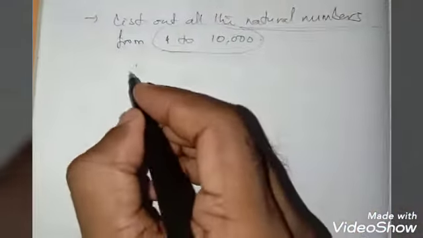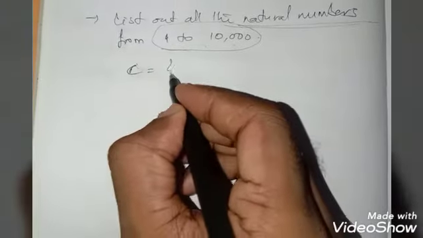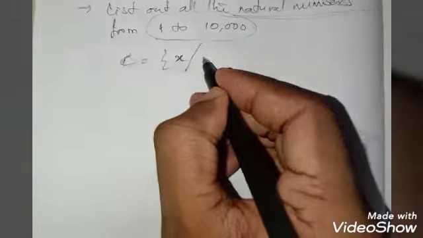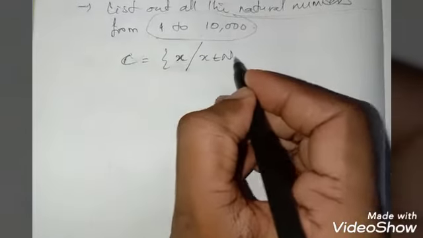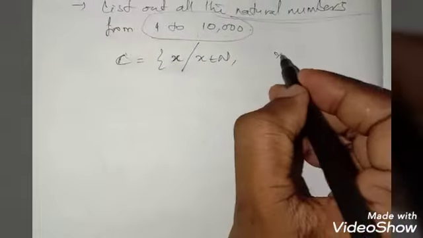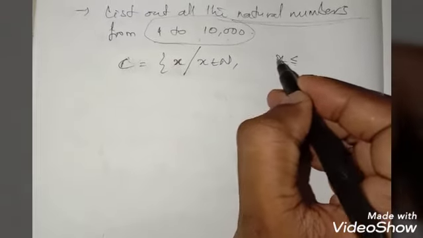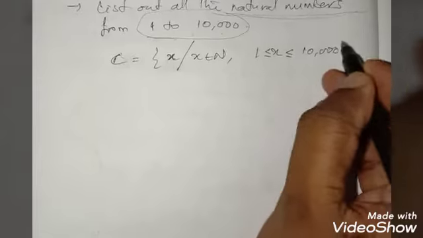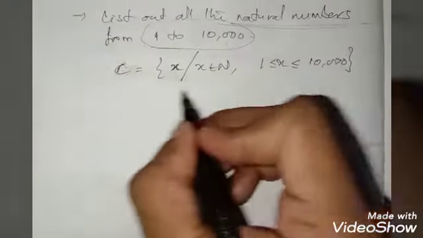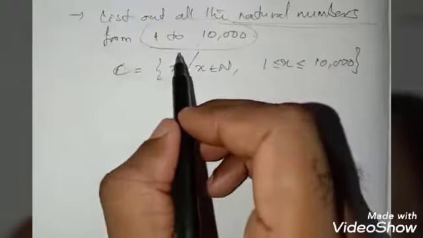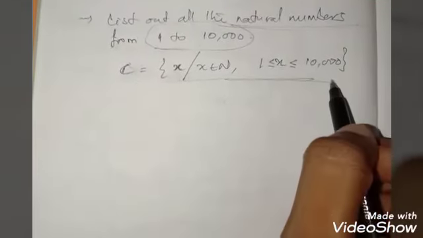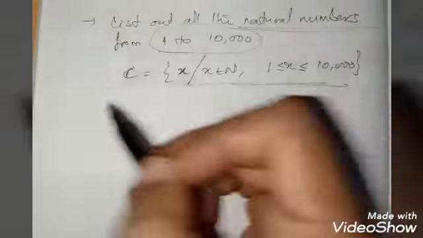So simply we can denote this as C is equal to x, such that x belongs to natural numbers where x lies between 1 and 10,000. Like this we can write any huge set simply by using set builder form.